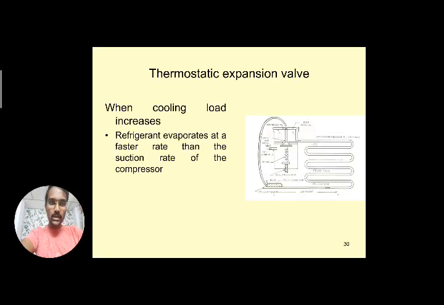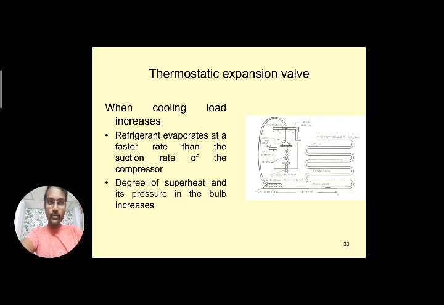Now the functioning: when the cooling load increases in the evaporator, the refrigerant evaporates at a faster rate than the suction rate of the compressor. Evaporation is taking place at a faster rate because the cooling load increases in the evaporator. The evaporation process is more than the suction rate of the compressor.